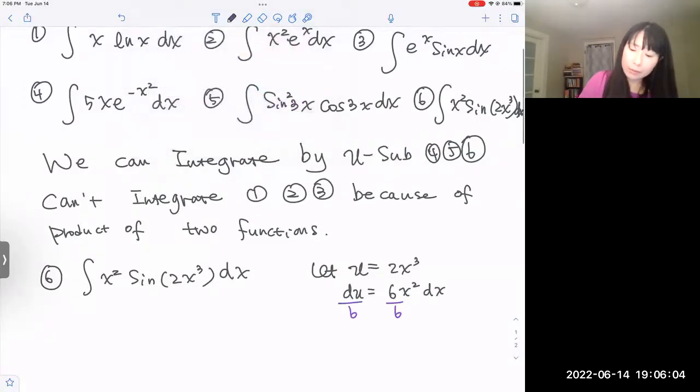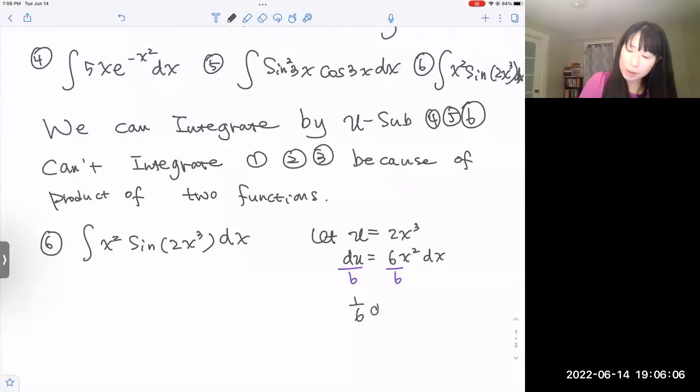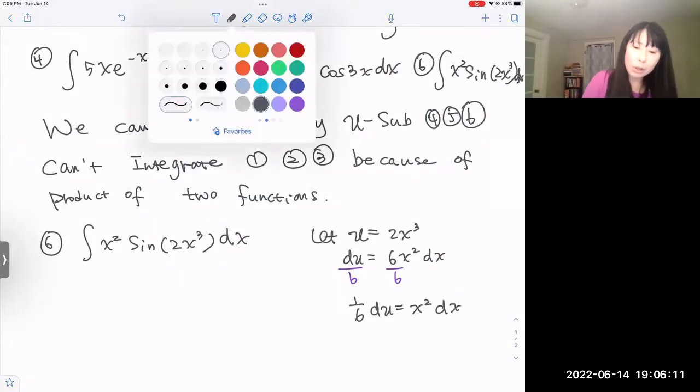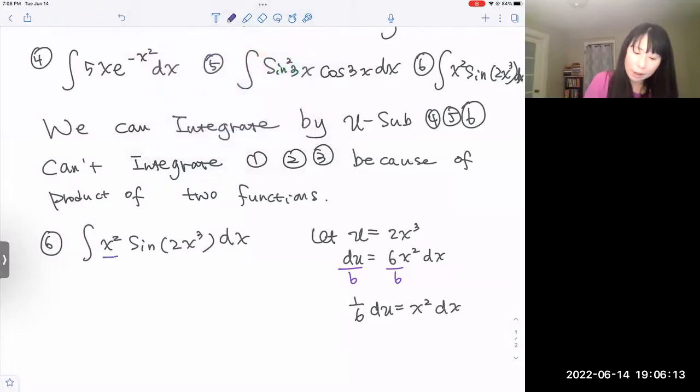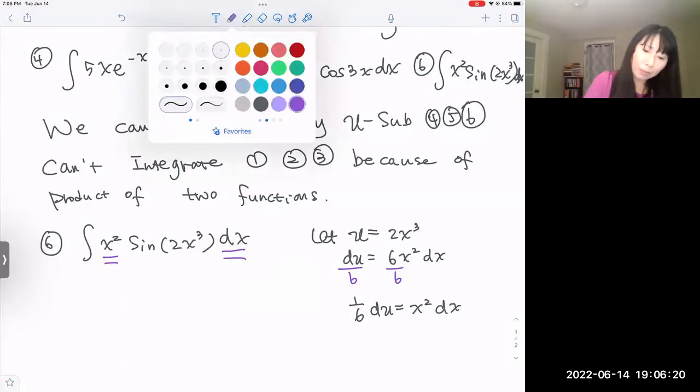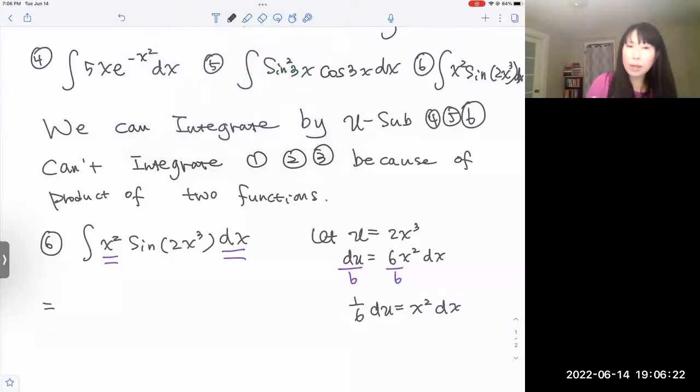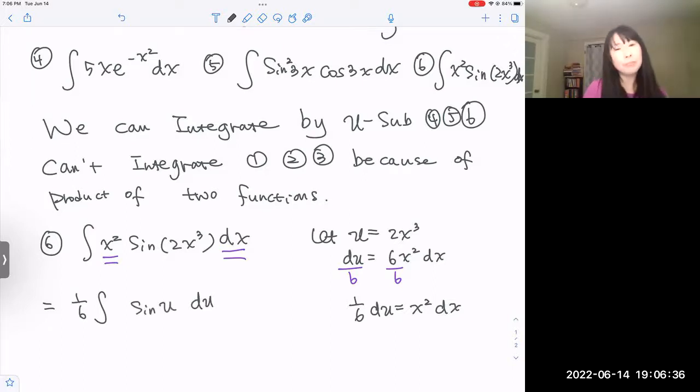So we have 1/6 du equal to x squared dx. Then look, we can say that this will be 1/6 du. But then constant, we can take out from the integral symbol. So x squared dx will be du and sine u, right?